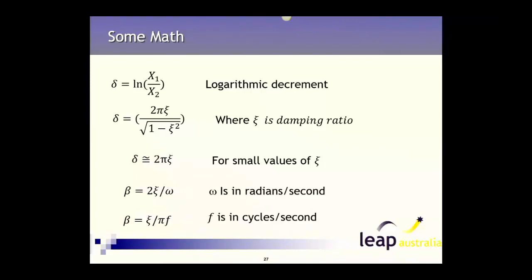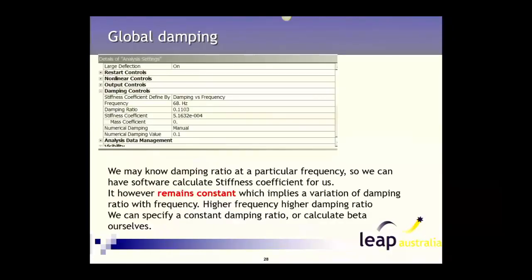Because the beta value is constant, that implies a frequency-dependent damping ratio. You can do it the other way around, with a constant damping ratio, and then beta will vary with frequency, and the solver automatically calculates that based off your inputs.